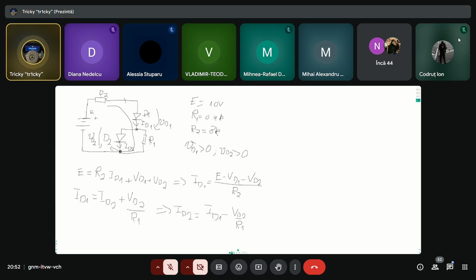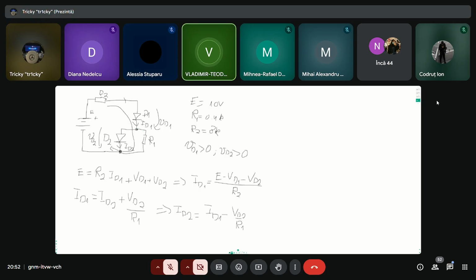So basically in that node between the two diodes, you apply Kirchhoff current law, where the currents that enter the node must be equal to the currents that exit it. And you can see it's not a loop, it's just in the node. Oh, just in the node, all right, I get it. Yeah, Kirchhoff 2 is with nodes.